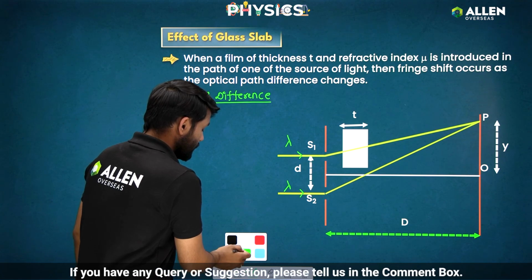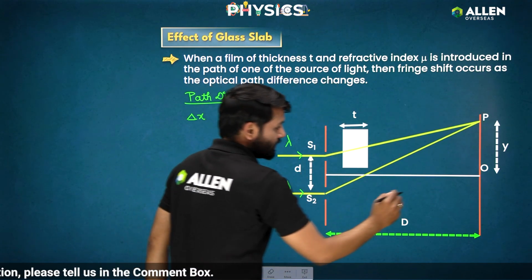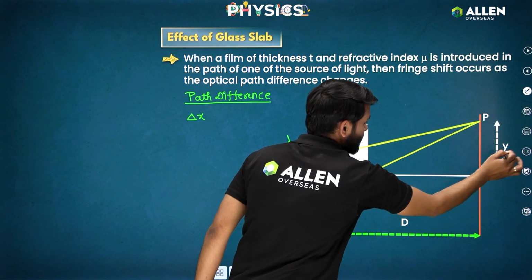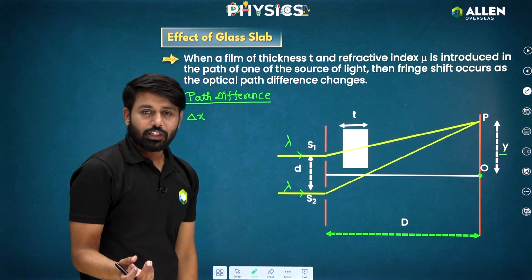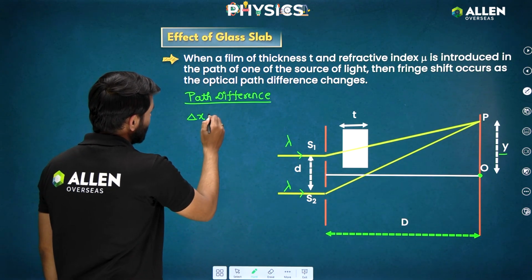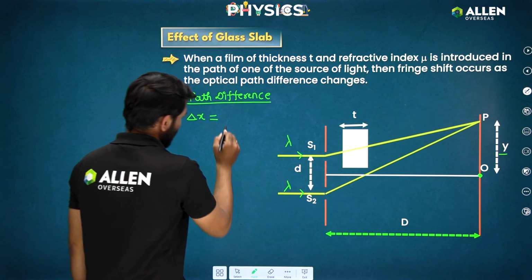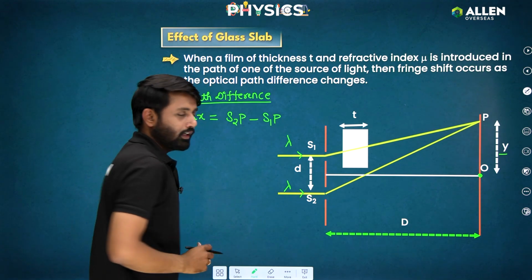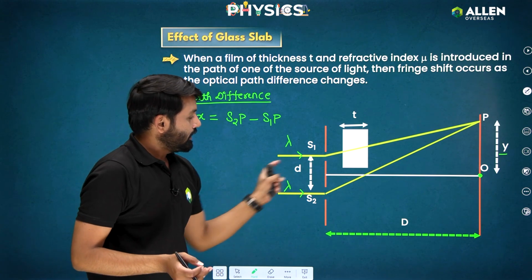They are interfering at this point. This point is O, and I am taking the position of this point as y from point O. And at this point, I am calculating the path difference. So how can we calculate it? Path difference is S2P minus S1P, right? Now light is traveling through the medium.